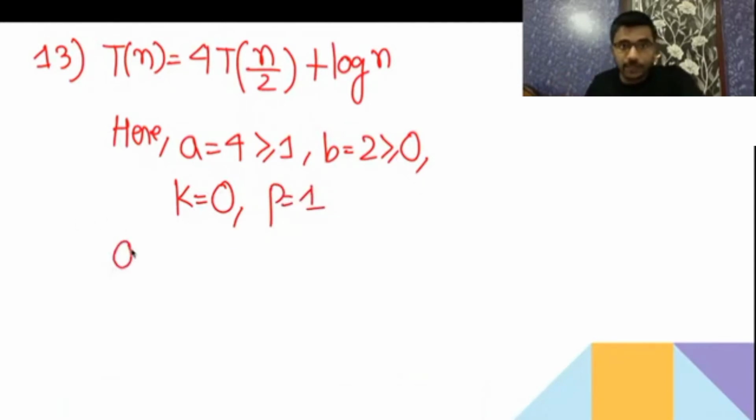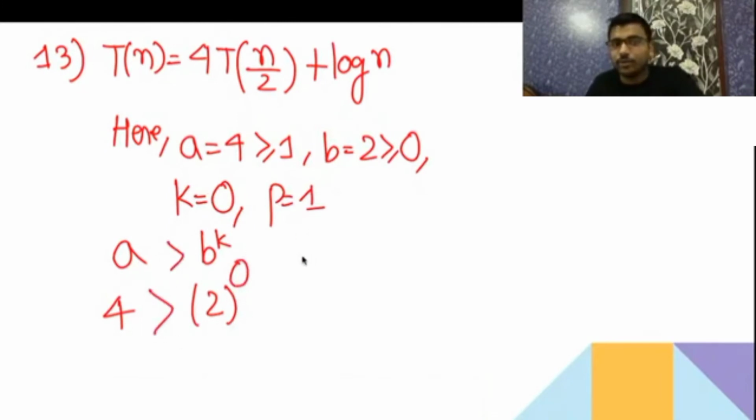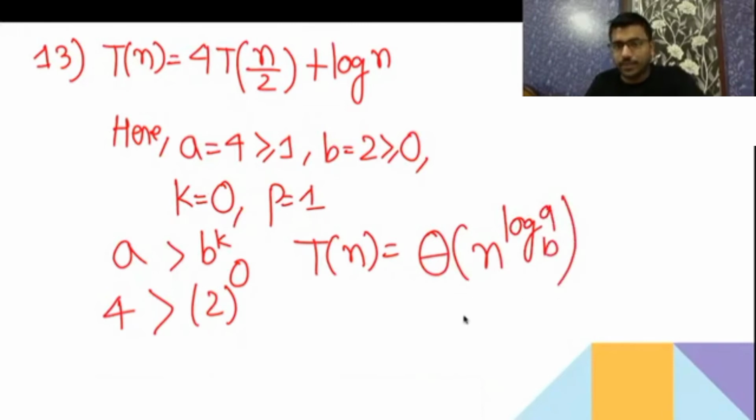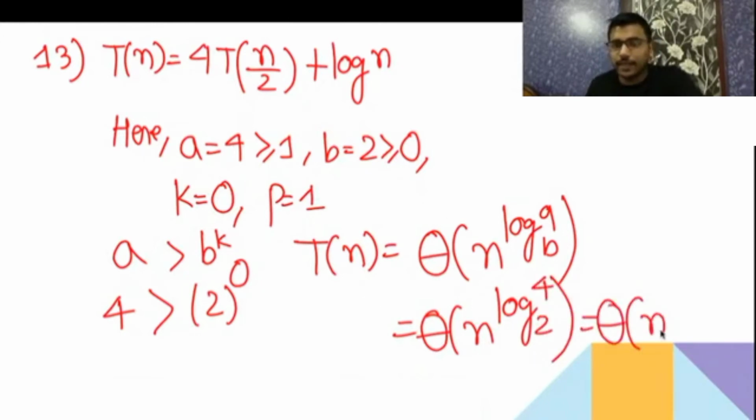Now compare a and b to the power k. a is 4, b is 2, and k is 0, so b^k is 1, so a is greater. Now whenever a is greater than b to the power k, then T(n) is Theta(n^(log a base b)). So that is Theta(n^(log base 2 of 4)), which is Theta(n²), because log base 2 of 4 is 2.